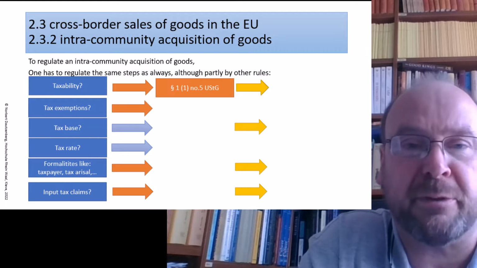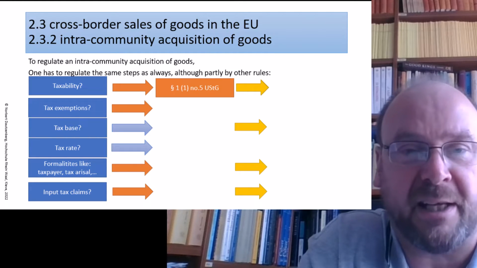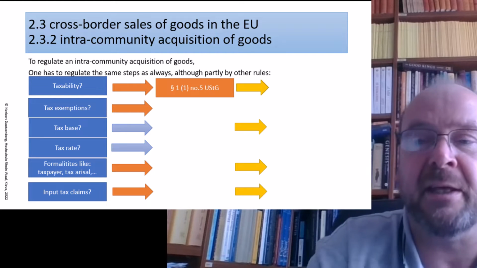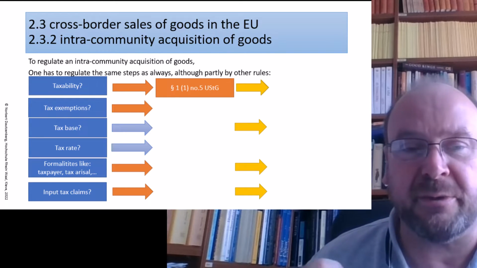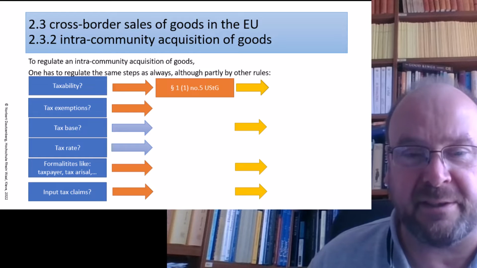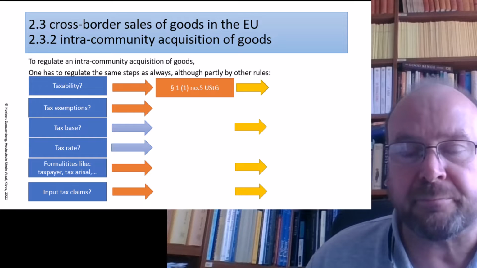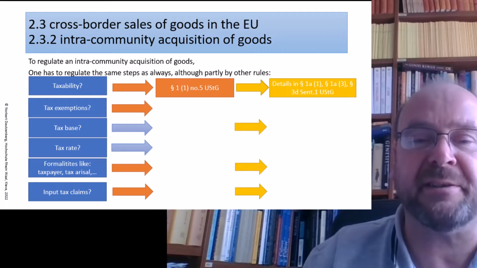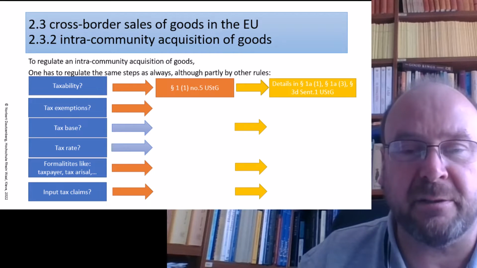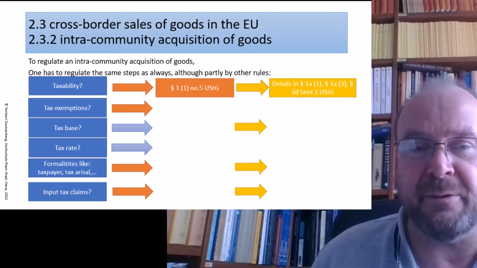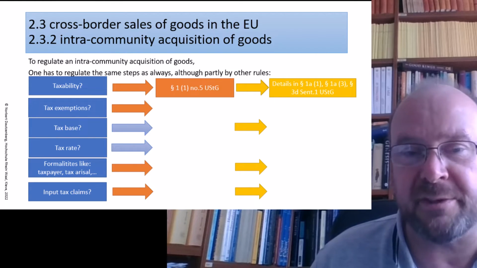It's number 5 because it just has been added at last to the list of potential taxable transactions. And now we also need to define the details of that. This will be laid down in paragraph 1a and in paragraph 3d. Now let us first have a look at these rules.